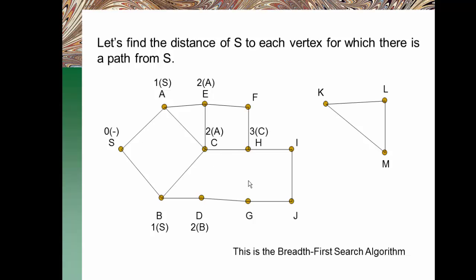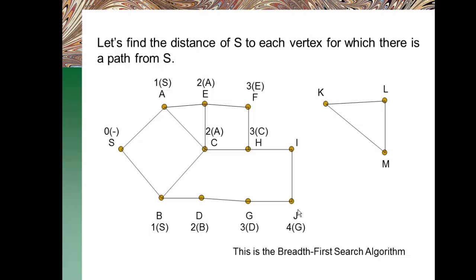Next, we go to vertex D. And we find G. We label G with 3 and predecessor D. Next, we go to vertex E and we find F. We label with 3. And we continue to do this until we label all the vertices.